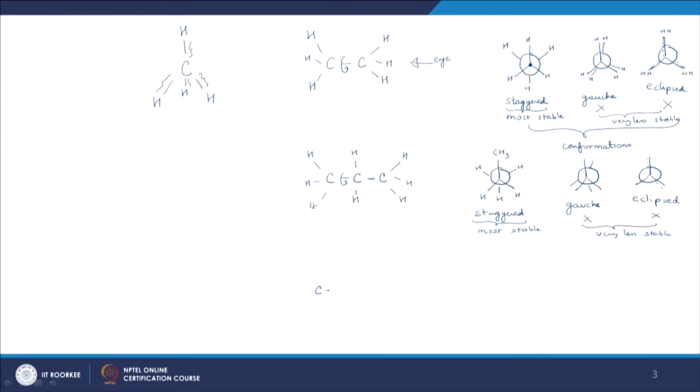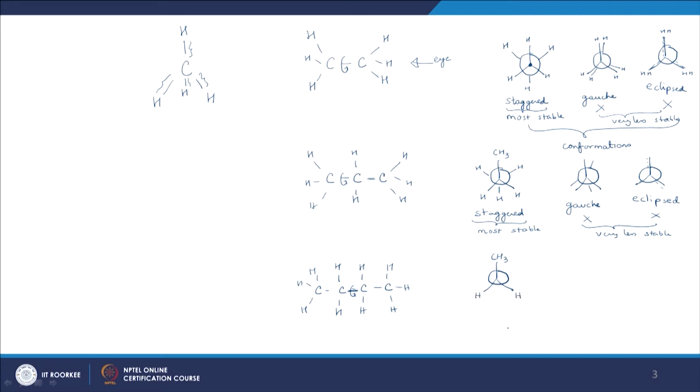Because if I look at a butane, and again let us say I look at this particular carbon, I want to look at the rotation around this particular carbon. Now of course the front one has a CH3 and 2 hydrogens.